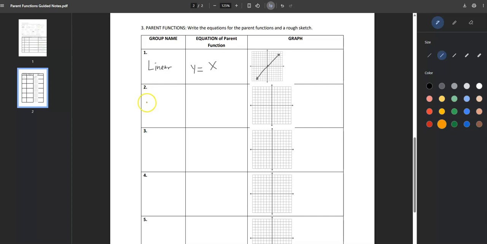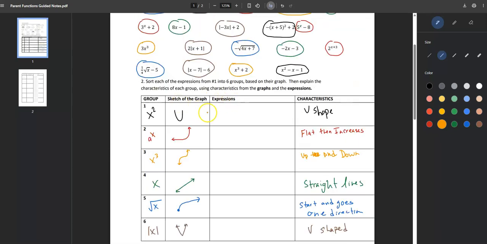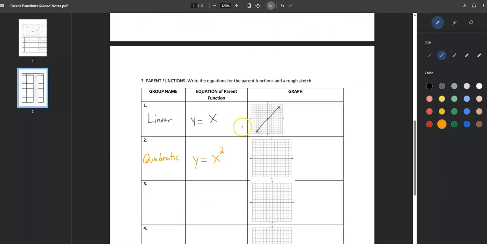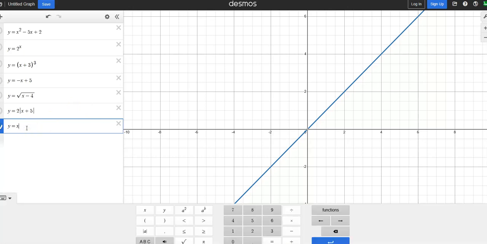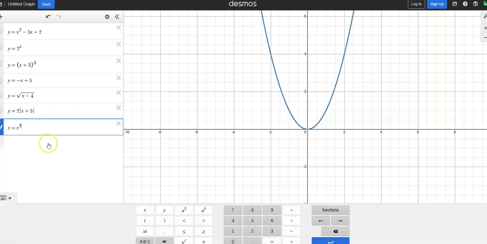My next group, we'll go with quadratic. And this equation is y equals x to the second power. Okay? And anything with that second power, if you guys remember from up here, it has that U shape. And specifically, if we just go x squared, it's going to form this U shape as well.